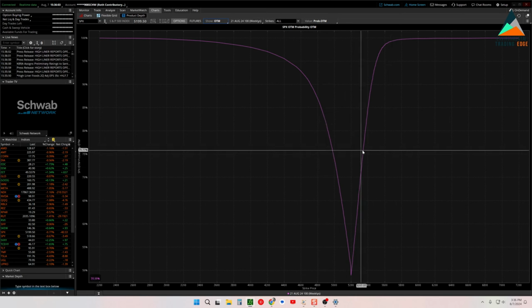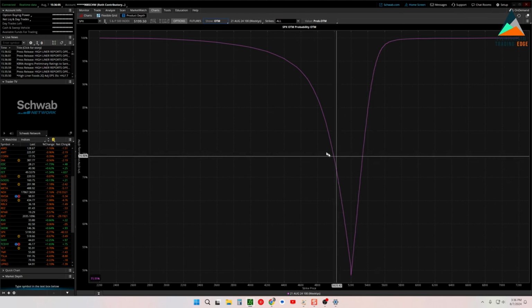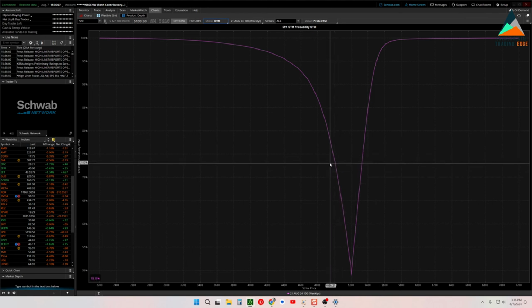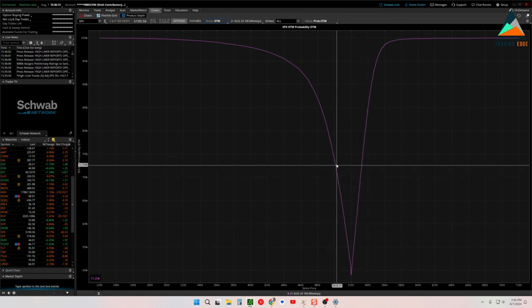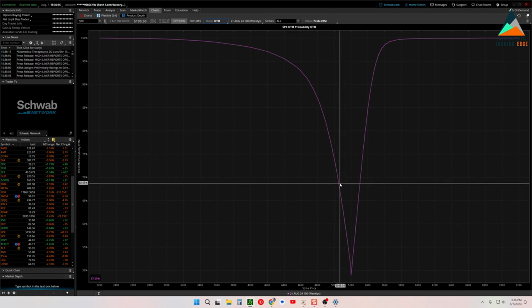Now, TOS adds a little bit of secret sauce to say you've got a bias to the upside or the downside, depending on whatever recent stuff, so keep in mind that it changes around. But in general, this is the probability of OTM, and then you've got the implied volatility of the option. You combine both of those as two variables, and you get a relative price of the option.